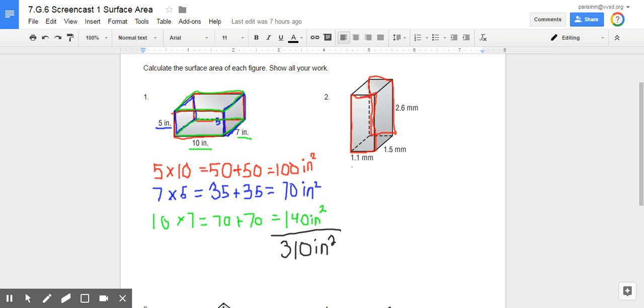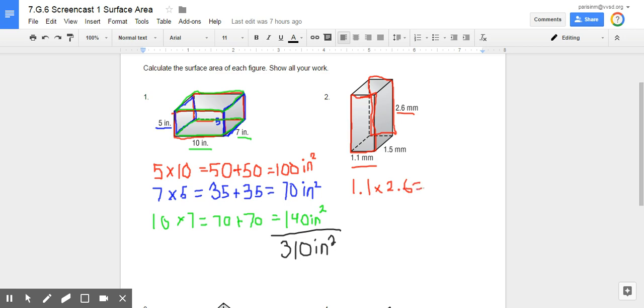We know right here we have a width or length of 1.1. And then we need to know the other side of our rectangle. If we look right here, that's going to give us that long side of our rectangle. So we're going to do 1.1 times 2.6.